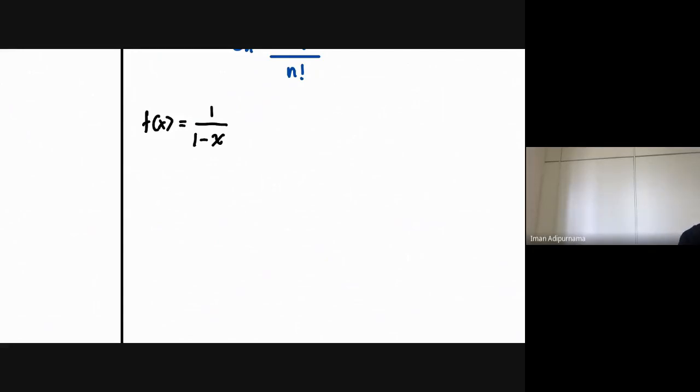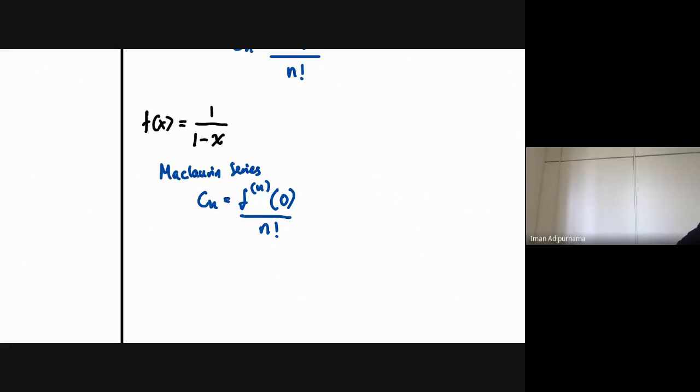If we look at this as a Maclaurin series, then c_n should be given by f^(n) of 0 over n factorial.